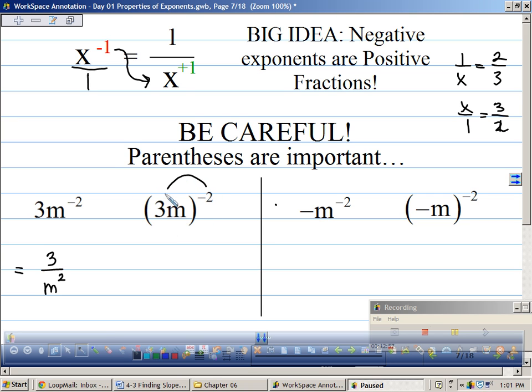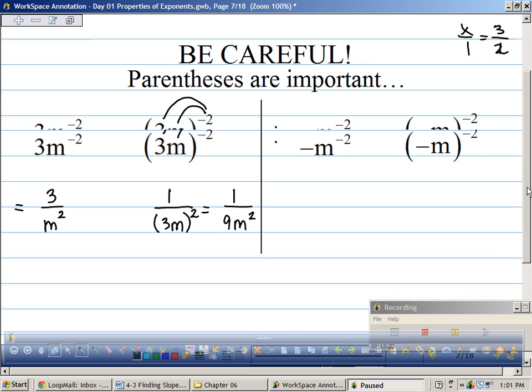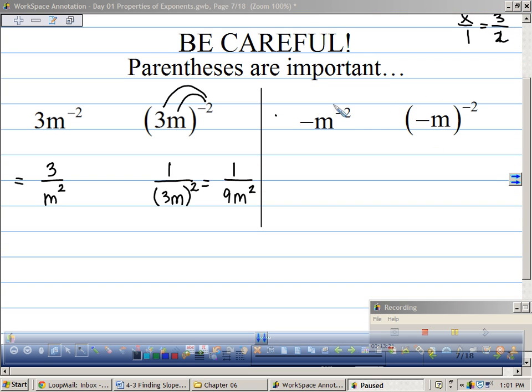Because the -2 is being applied to the 3 as well. So this one is actually 1 over the quantity 3m squared, or 1 over 9m squared. So very different answers, correct?